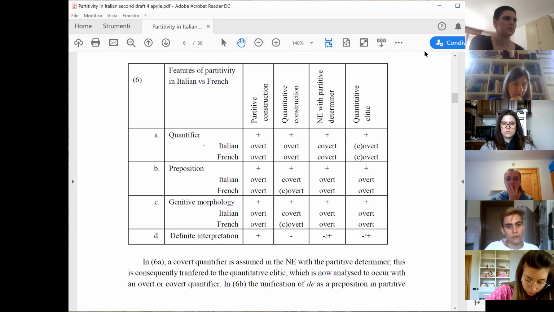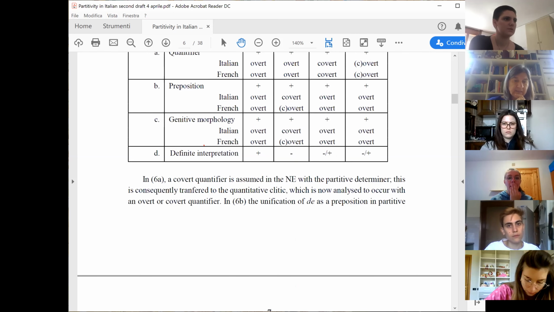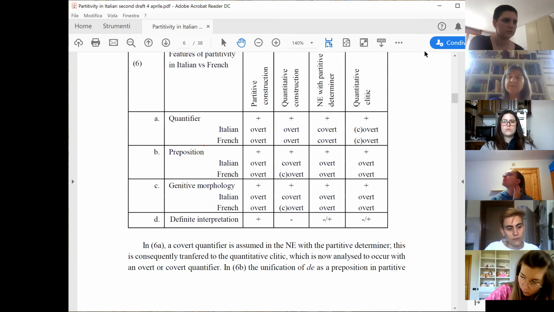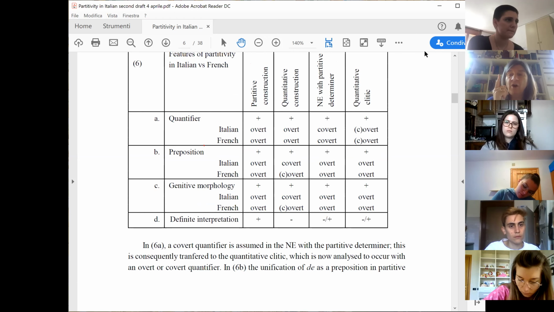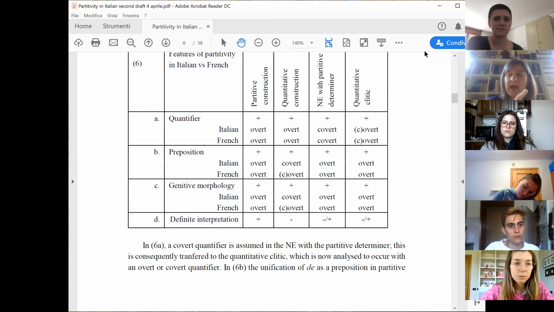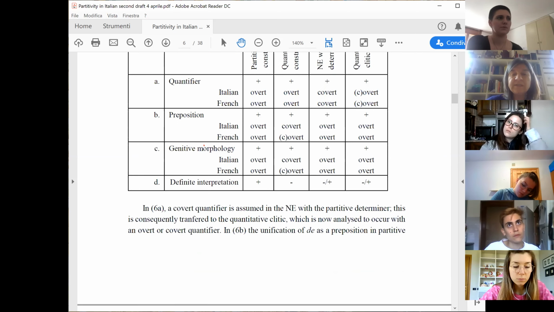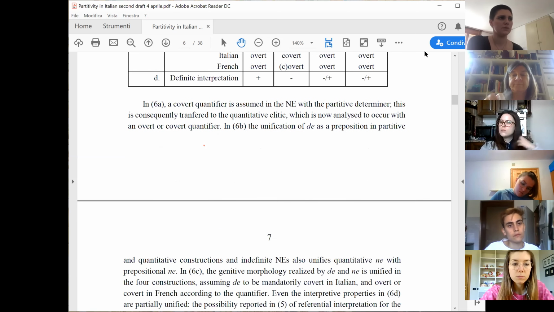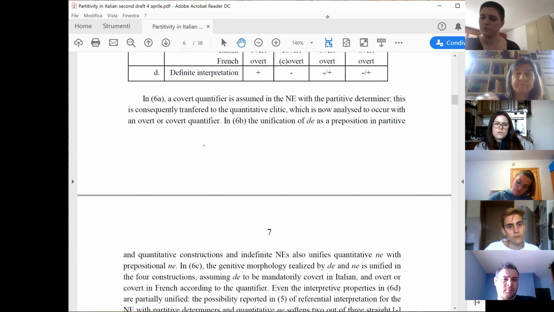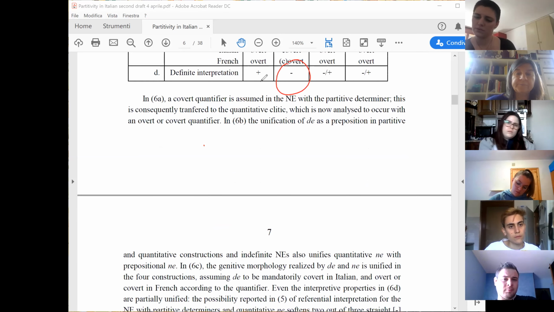The only difference is with the quantitative construction, which is indefinite. But if we think of German, Sie haben 5, if the quantitative construction always has an overt noun phrase, then we still have to have a 0 here. Here we must have a 0.